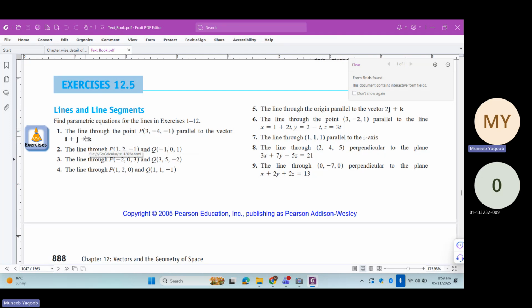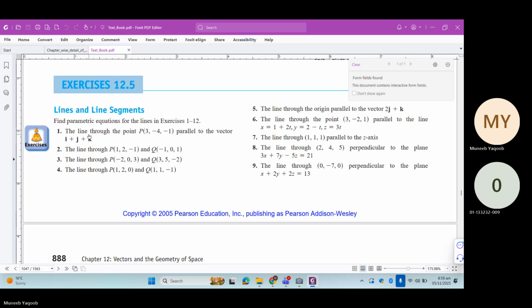In question number 1, they have given you that the point is 3, -4, and -1, and we need to calculate the parametric equations while the direction vector is i, j, and k. Okay, so let us solve this question.